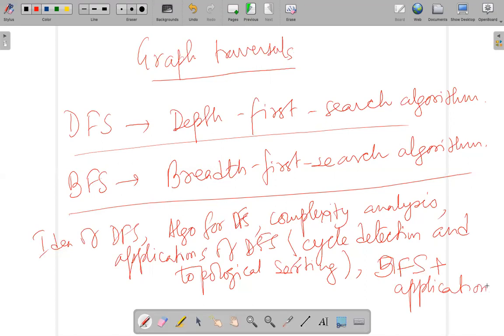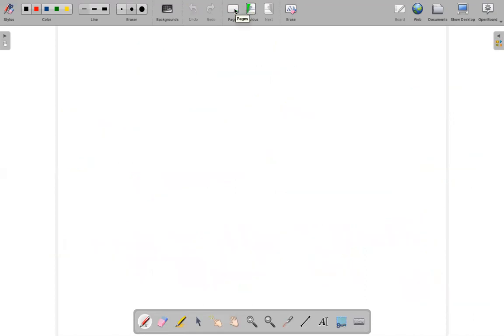So this would be the pipeline of things. So we will start with the idea of what is DFS.